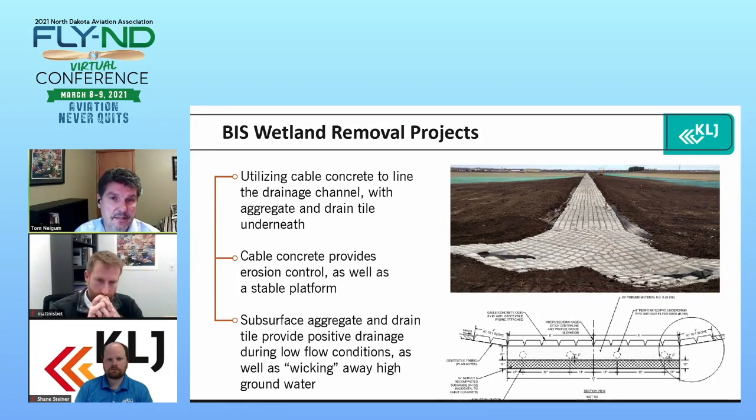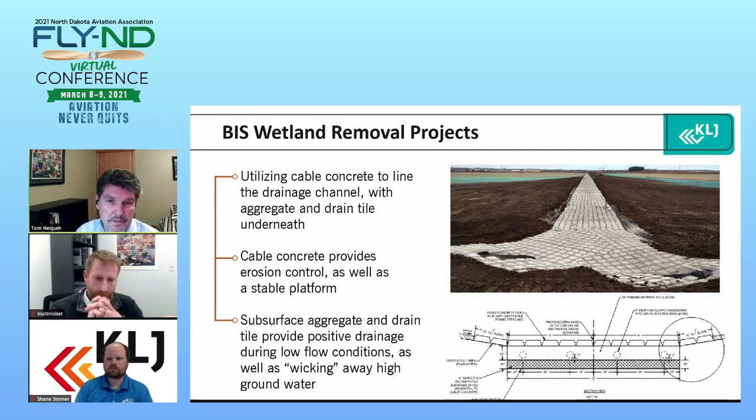But the second thing it does is it allows the Bismarck Airport maintenance staff to jump in a tractor or a piece of maintenance equipment and drive down through that ditch. They can get down in that ditch, and if they need to spray for weeds or clean out sediment, they can do that effectively. So it serves as that stable platform for that equipment to drive upon.